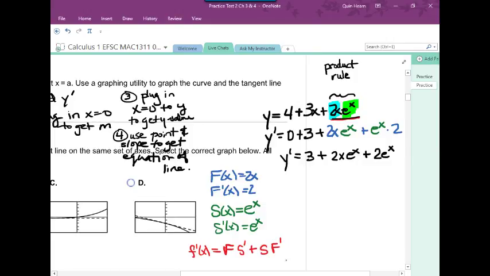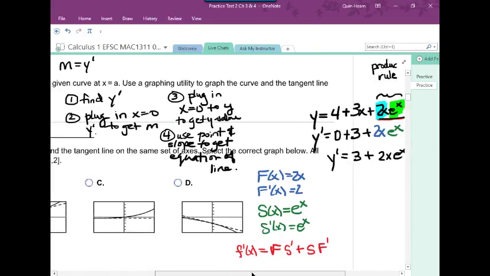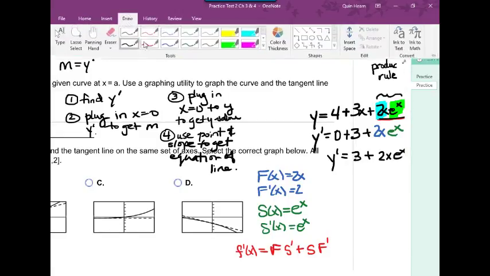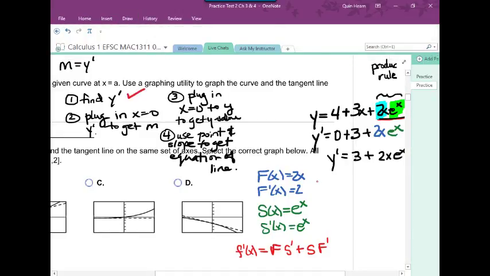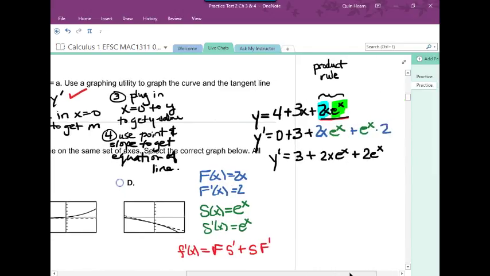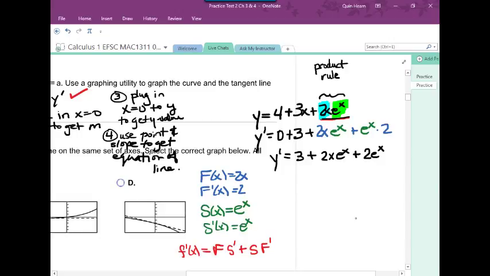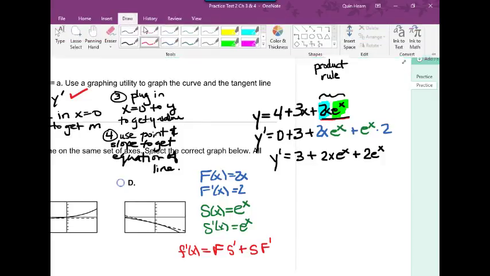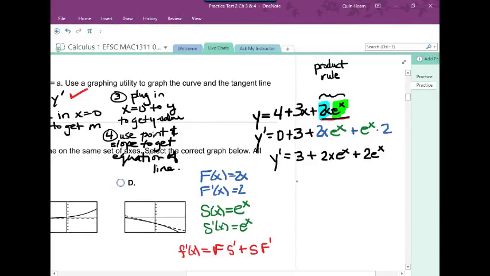That was just step 1, finding the derivative. So we've done step 1. Let's check it off here. Next, step 2, we're going to plug in x equals 0 to the derivative we just found to find our slope. All a derivative is, is a formula for slope. In fact, calculus could have been called slope because it's all about slopes in one form or another.